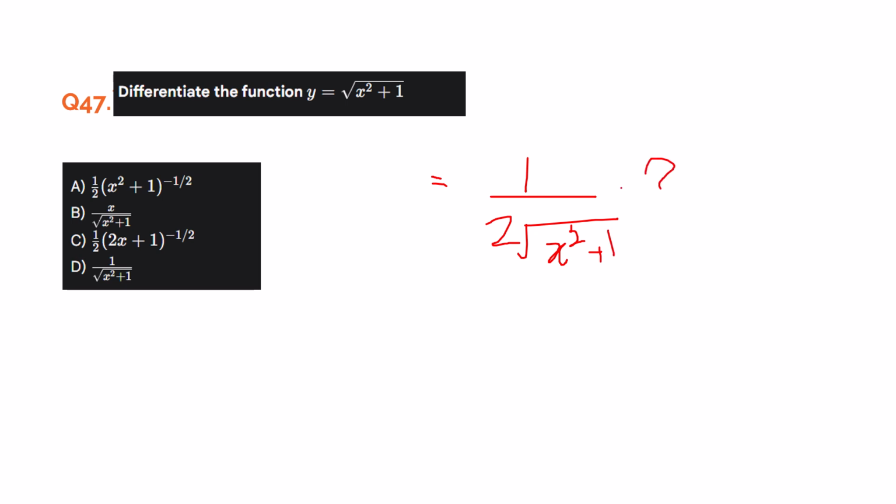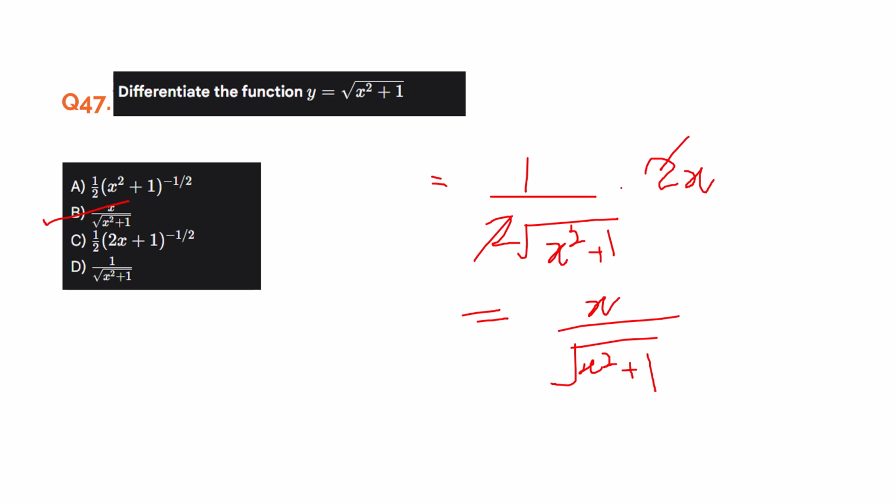Multiply by 2x, so we can cancel 2 by 2, and we get x upon root x square plus 1. Let's see which of the options is correct. So I think option B is correct.